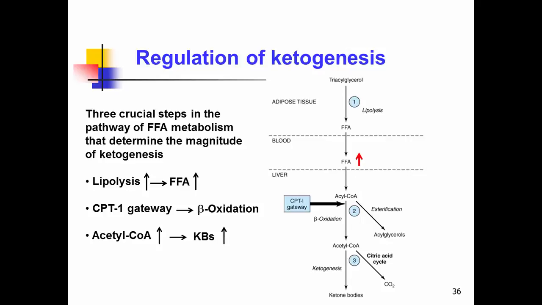So again, the three steps that can regulate ketogenesis: the circulating fatty acid levels, for example during fasting or during disease conditions like diabetes; second, the CPT1 enzyme activity that controls the transport of fatty acids and beta oxidation; and lastly, the acetyl-CoA levels in the cells.